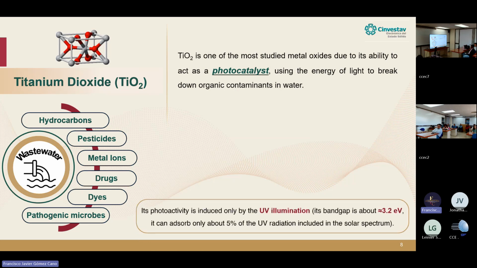However, there's a limitation with this material because its photoactivity is induced only by UV illumination. That is because its bandgap is around 3.2 electron volts, which means that it can absorb only around 5% of the UV radiation included in the solar spectrum.